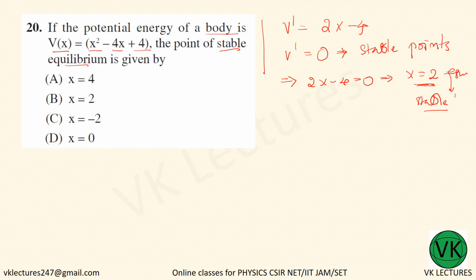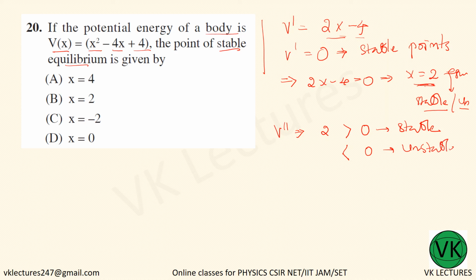For that you have to take the second derivative of V, that is 2x minus 4 differentiated, so V double dash equal to 2. Now if this value is greater than 0, this is a stable equilibrium.